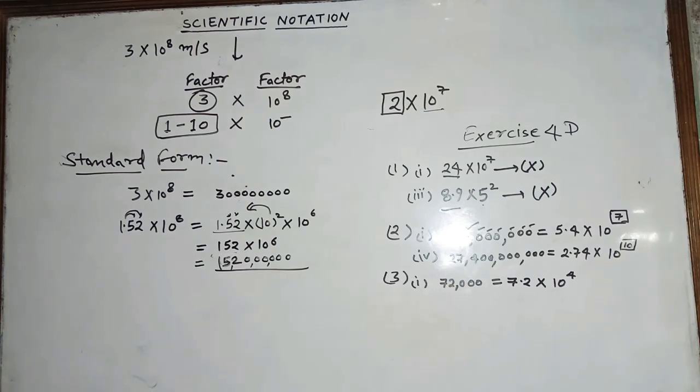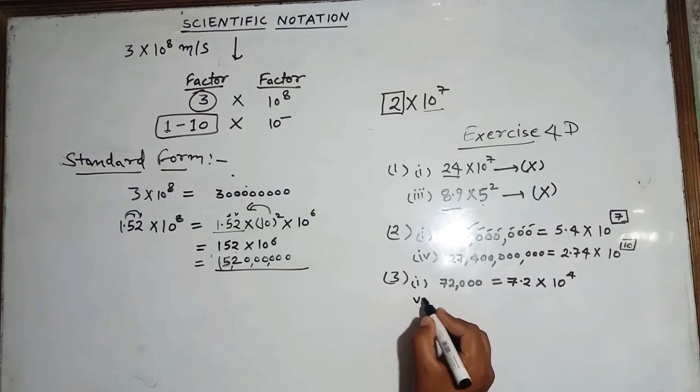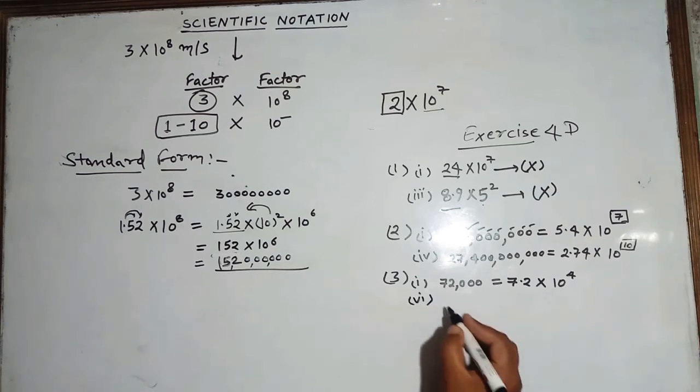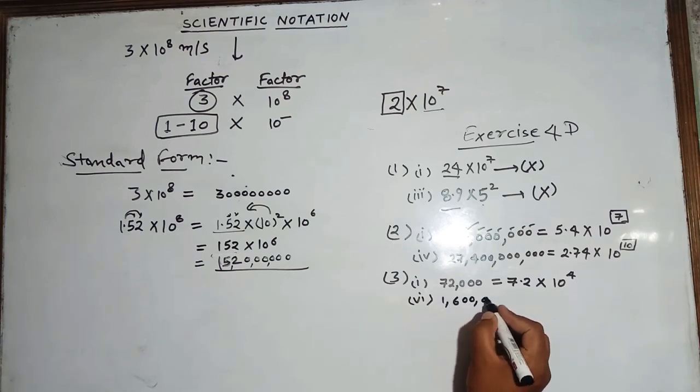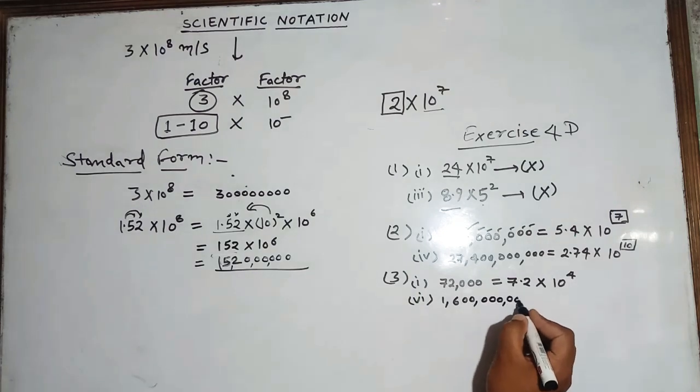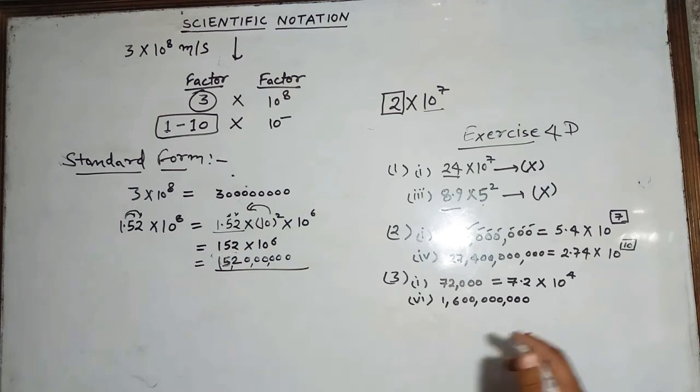In the same way, the sixth part is: Saturn is about 1,600,000,000 kilometers from the earth. This you have to write in scientific notation.